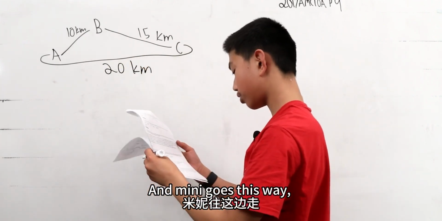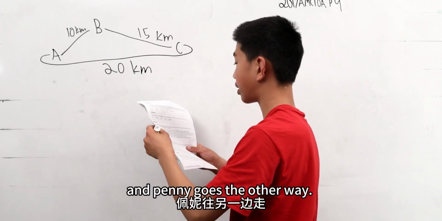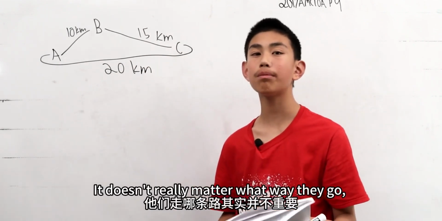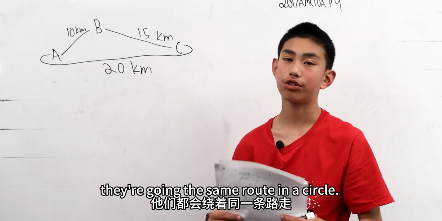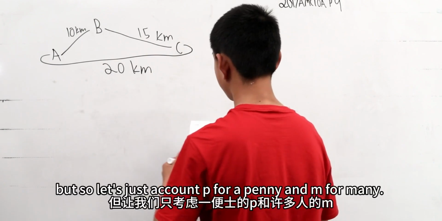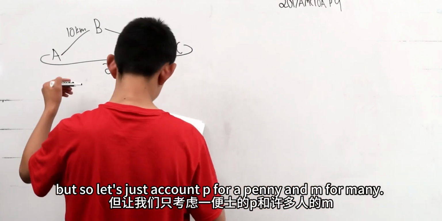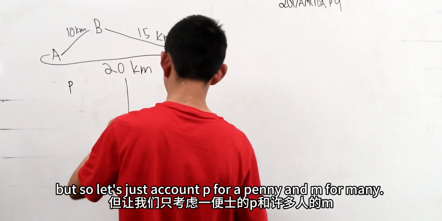And so Minnie goes this way and Penny goes the other way. But it doesn't really matter what way they go, because in the end, they're going the same route in a circle. Let's just account for P for Penny and M for Minnie.